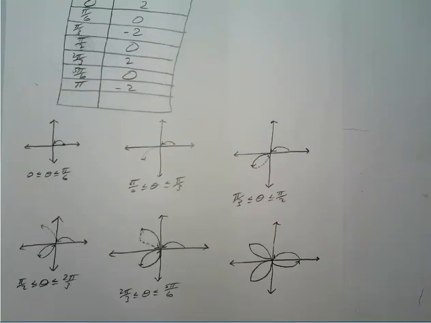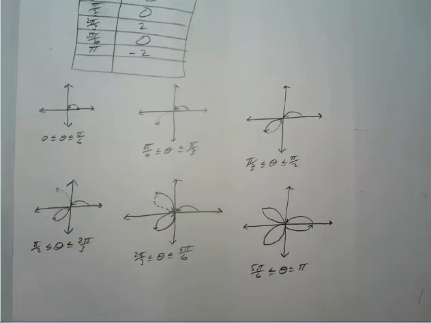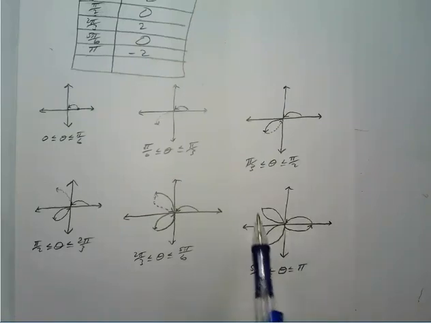Now, you can go from pi to 2 pi, but you'll just trace the whole thing over again.